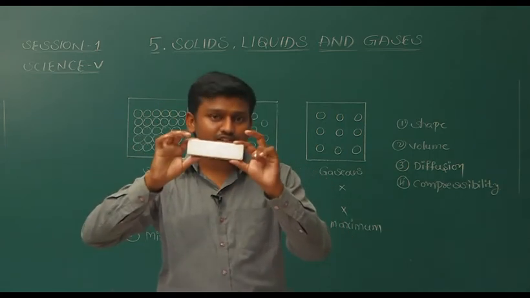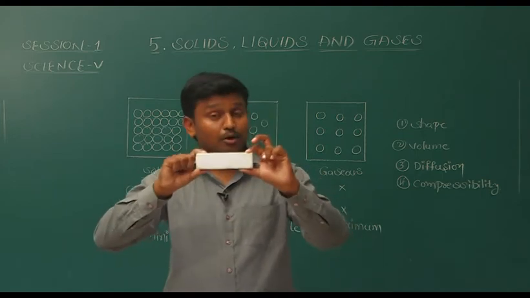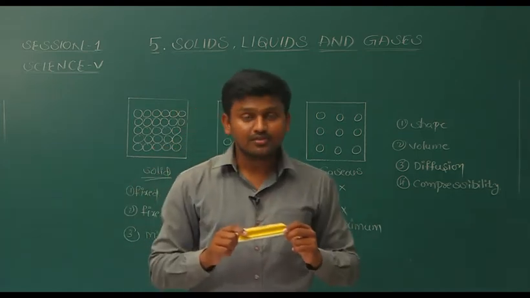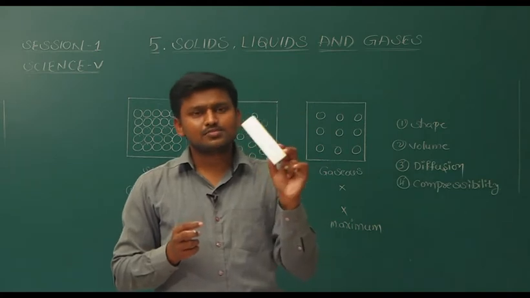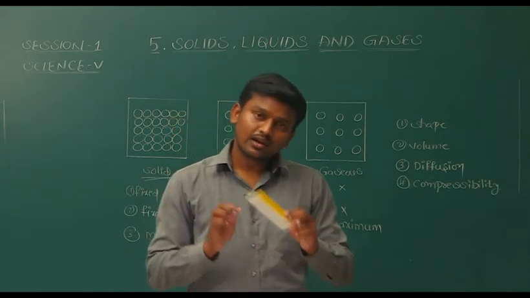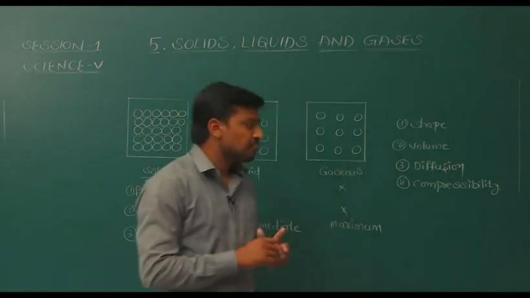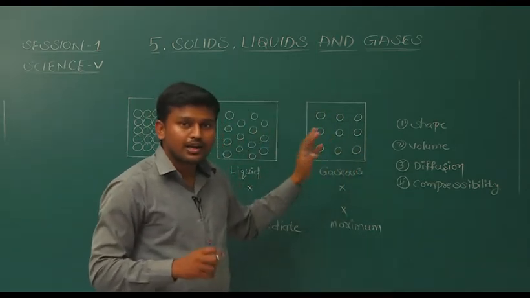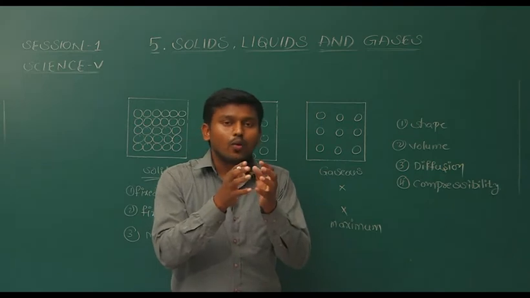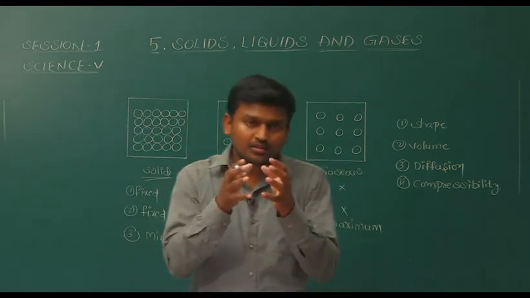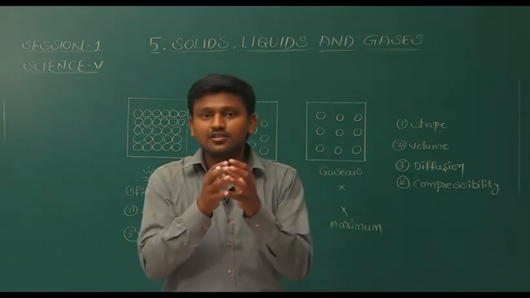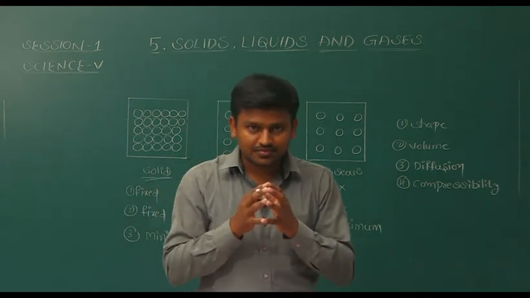Already they have a rigid shape, the molecules are very close to each other, so we cannot compress much. But compressibility is possible in gases. The reason is that there is a huge space between the molecules, so we can make them come together, very close to each other, by compression.